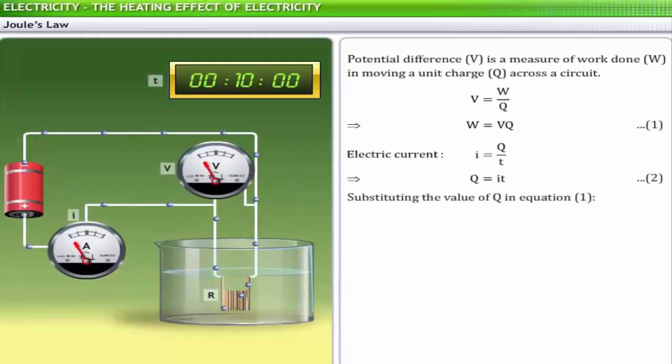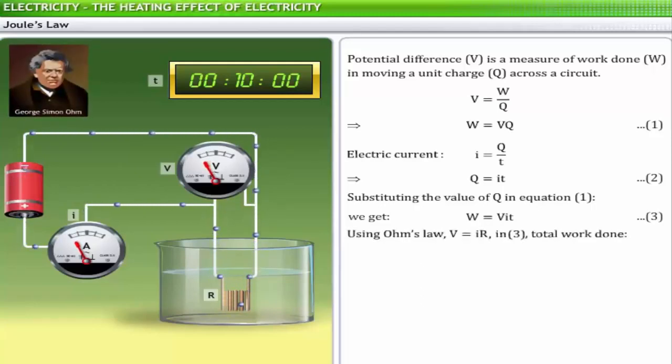Substituting the value of Q in equation 1, we get equation 3: W is equal to VIt. Now let's use Ohm's law, V is equal to IR, in expression 3 to get the formula for the total work done by electric current.